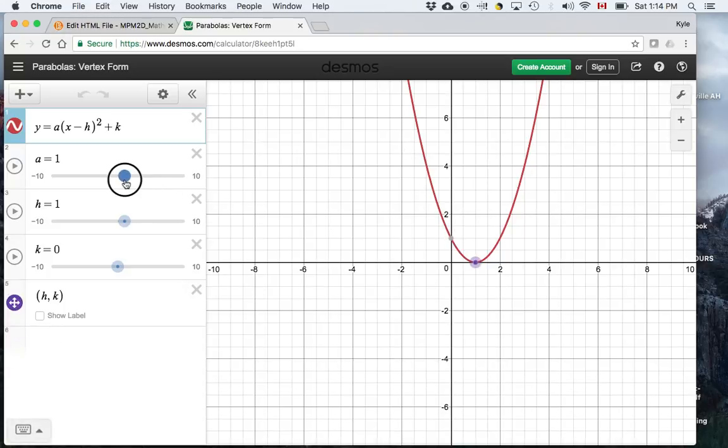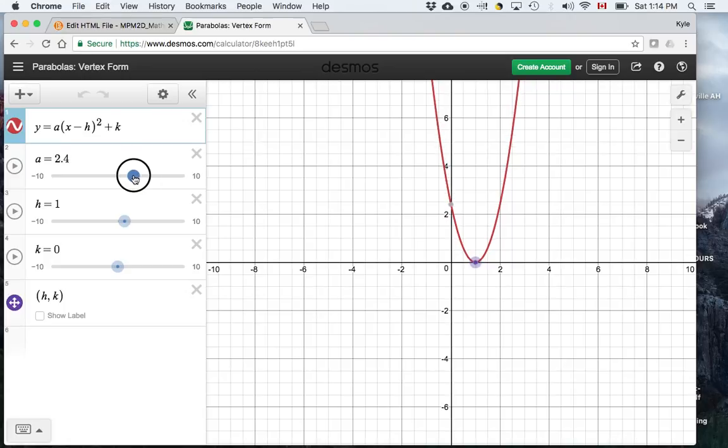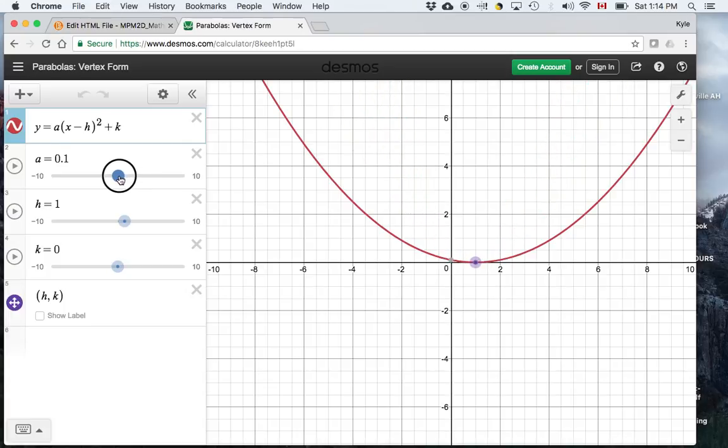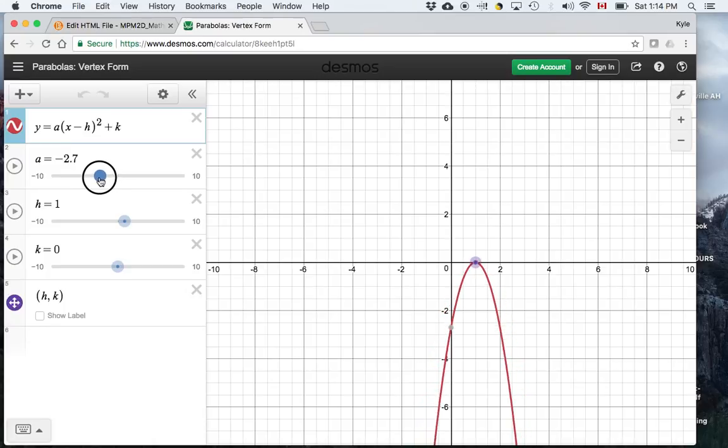And if I make that value larger, the parabola starts to get skinnier. Let's get back to 1 here. Now if this a value is between 0 and 1, the parabola gets wider. If the a value becomes negative, then the parabola flips upside down.